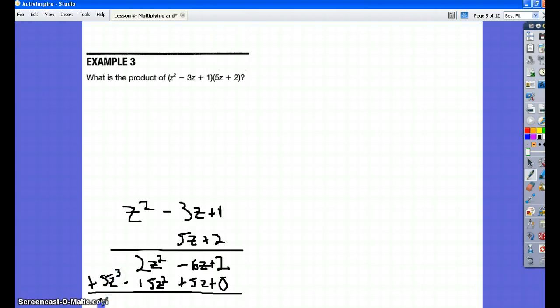So if you bring this down, it's going to be 5z cubed minus 13z squared minus z plus 2. Alright, that's the answer. Very simple and straightforward. So just set them up like you would a regular multiplication.